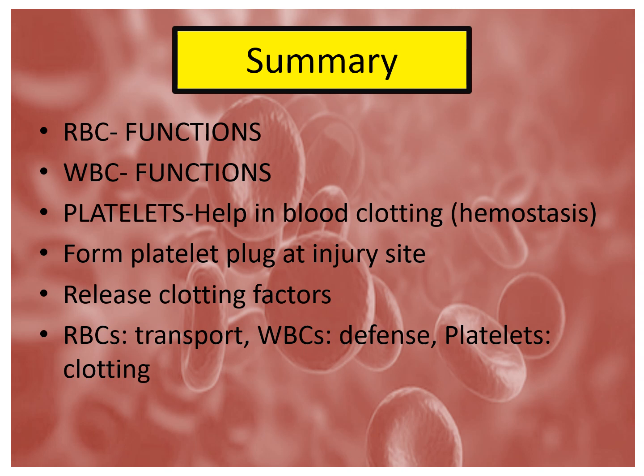Granulocyte examples are neutrophils, eosinophils, and basophils. And platelets definitely help in blood clotting, which is helpful for hemostasis. That means no loss of blood, and they also form a platelet plug at the injury site, and the clotting factors are released. So RBC is mainly used for transport, whereas WBC is used for defense and platelets for clotting.